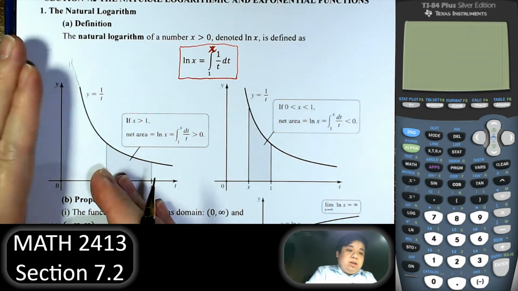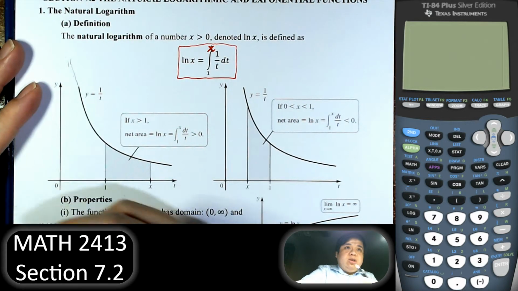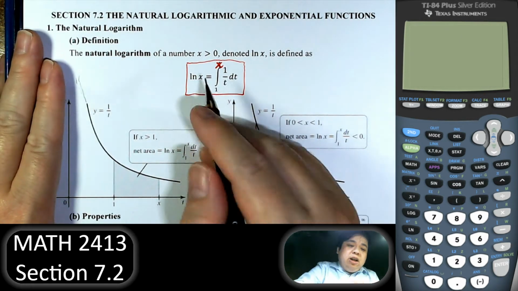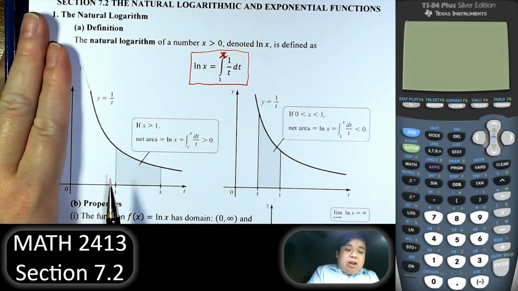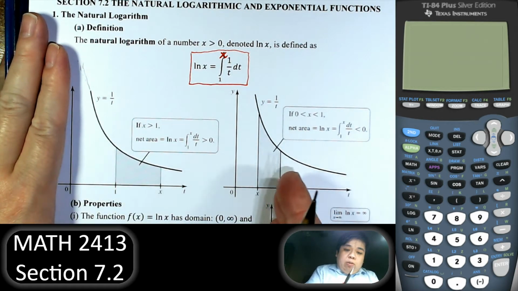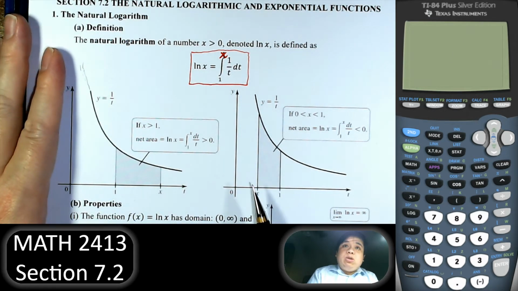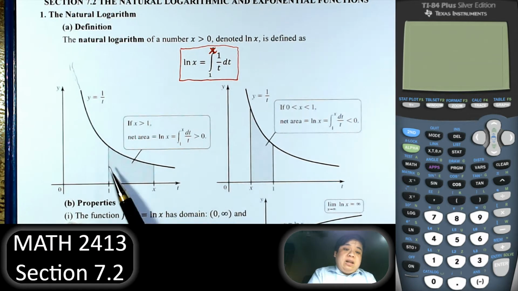We're not focused on that side. x is only positive, so the area from 1 to x or from x to 1, x could still be between 0 and 1, and we still have the net area.